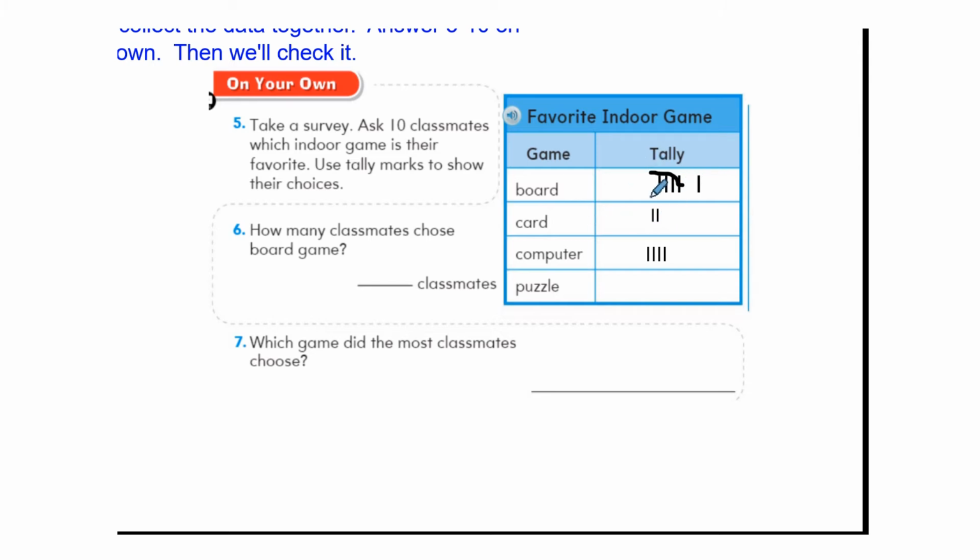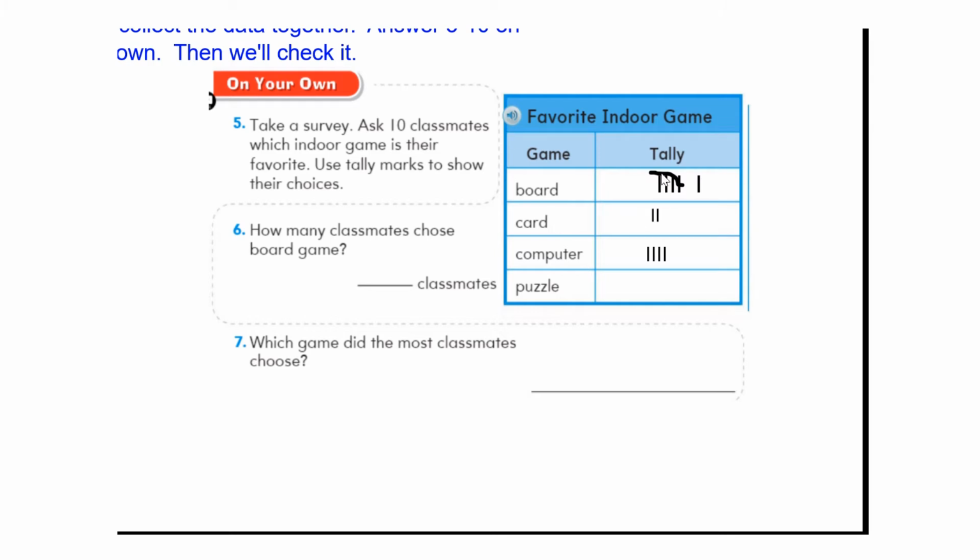And card games, we only had 2 people who voted for card games. And computer games, we had 4. And no one chose puzzles, which is really funny because right now during the pandemic, it seems like everybody's doing puzzles.